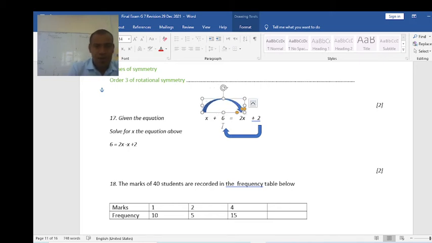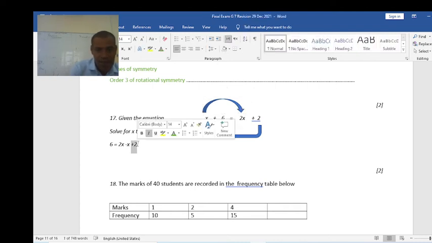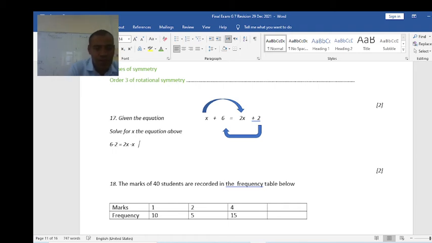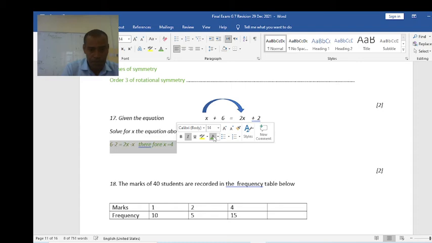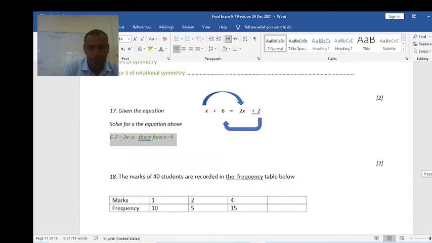So it will be what? It will be 2x minus x. Then I will erase this one. Then plus 2, it will be 6 minus 2. So therefore, what we have, 2x minus x is x. X equal 4. 6 minus 2 is 4. So this is the correct answer. Now move to the next question.